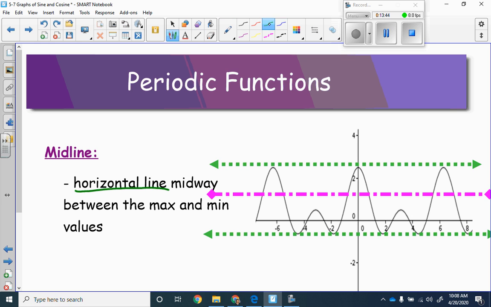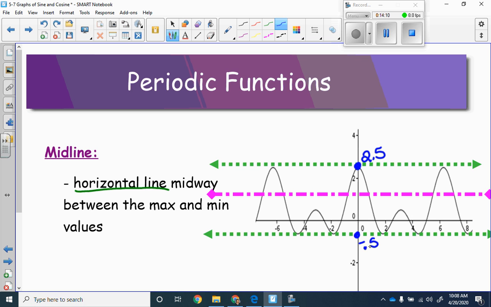So if I look at my graph right here, it looks like my maximum is about, 3 is probably right here, we'll go 2.5. So we'll say our maximum right here is 2.5, and it looks like our minimum might be negative 0.5. Those are just the values that I'm going to use.